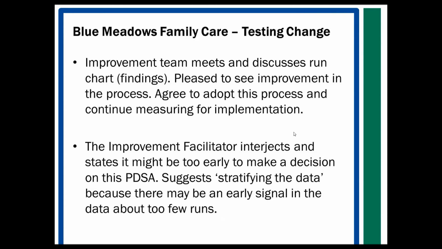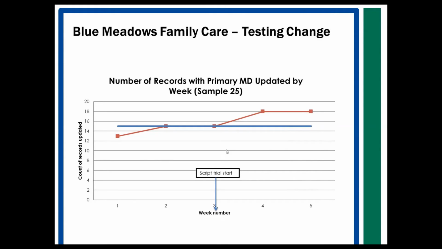So if we look back at that run chart, we had said that it might be too early or so unsure to detect any improvement at this stage related to too few data as well as runs, which we're going to talk about a little bit later.